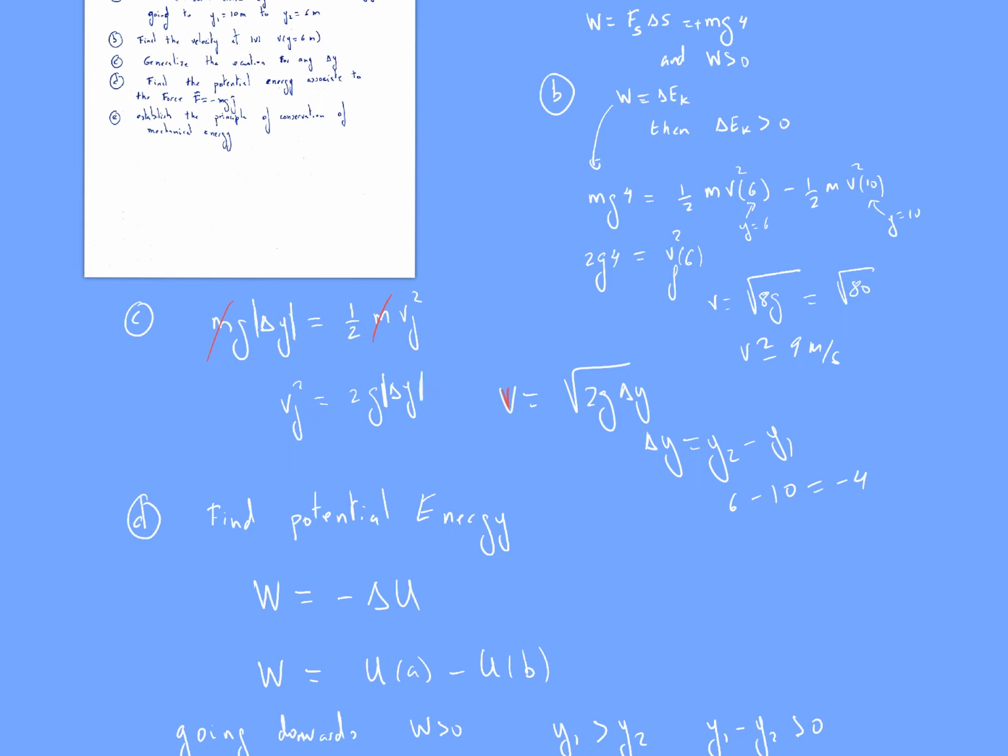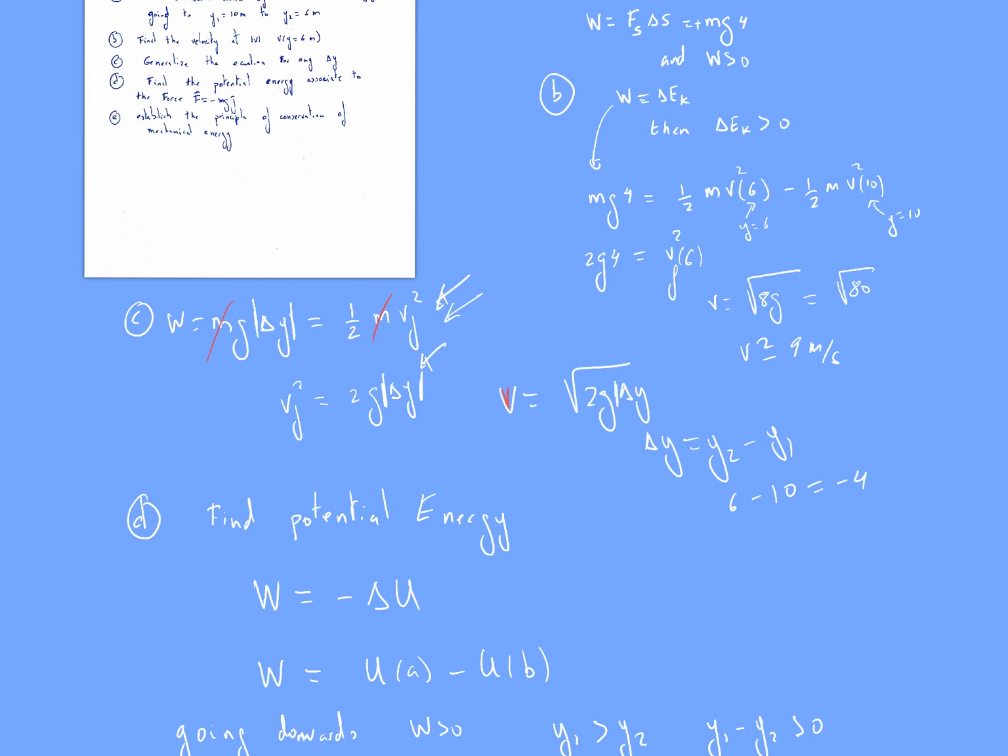Now the work is the force in the direction of delta y, so you need to put the magnitude of delta y here. This is the work, and the work is the change in the kinetic energy if the initial kinetic energy is 0.